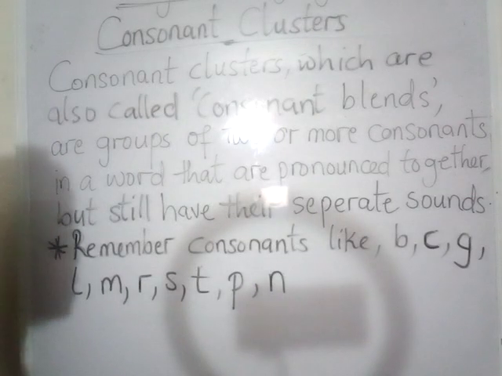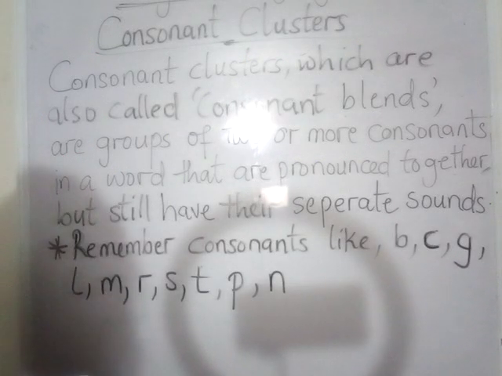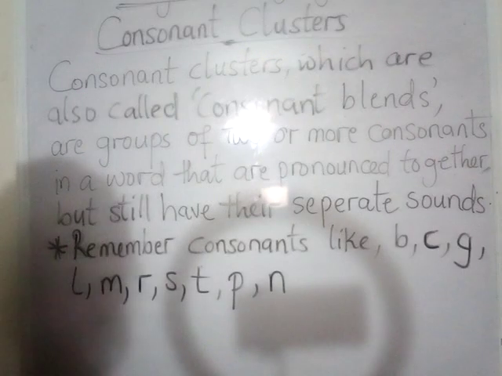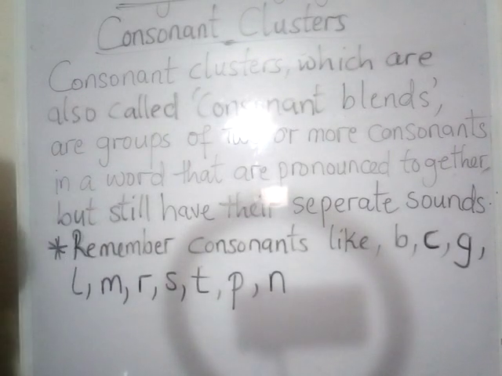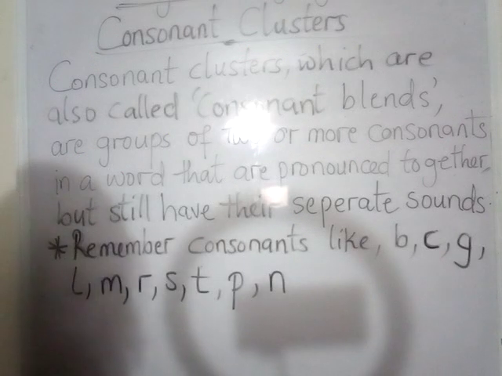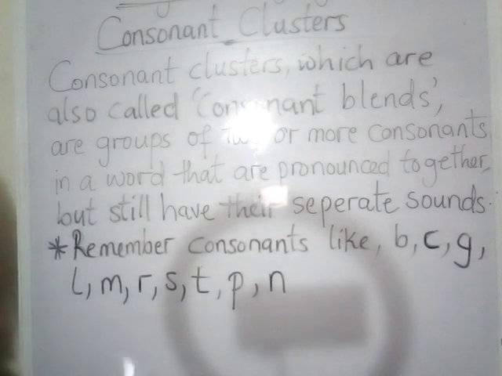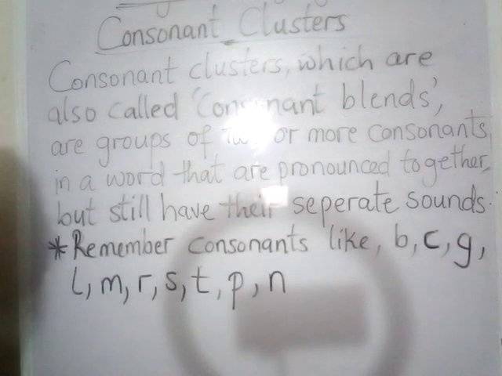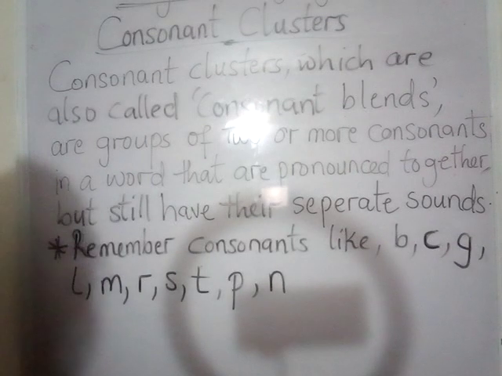When you blend things, you put things together, you mix things together. Cluster means to gather together. Most times they are 2, hardly more than 2 in the English language.